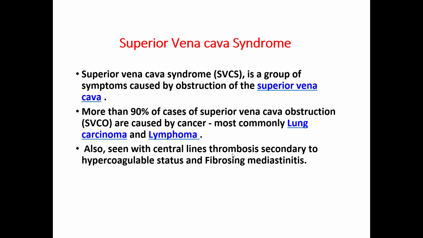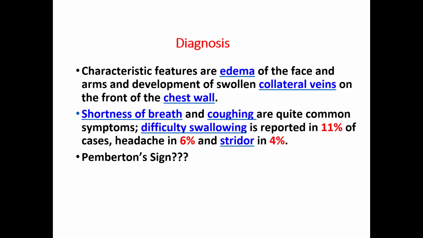A central line thrombosis, I've seen it. And also, I saw a case called fibrosing mediastinitis. It's not cancerous, and for some reason, the patient develops fibrous tissue and it obstructs the superior vena cava. I had a case like this, and the patient used to come to our clinic for symptom management.